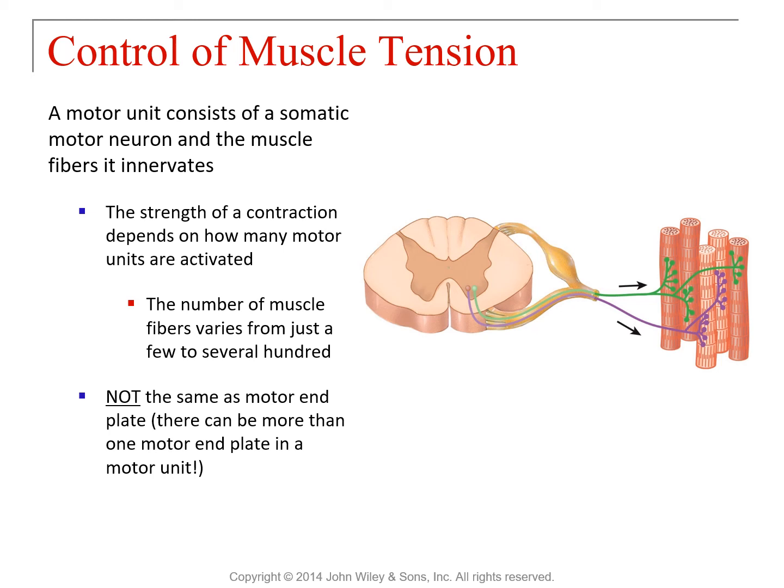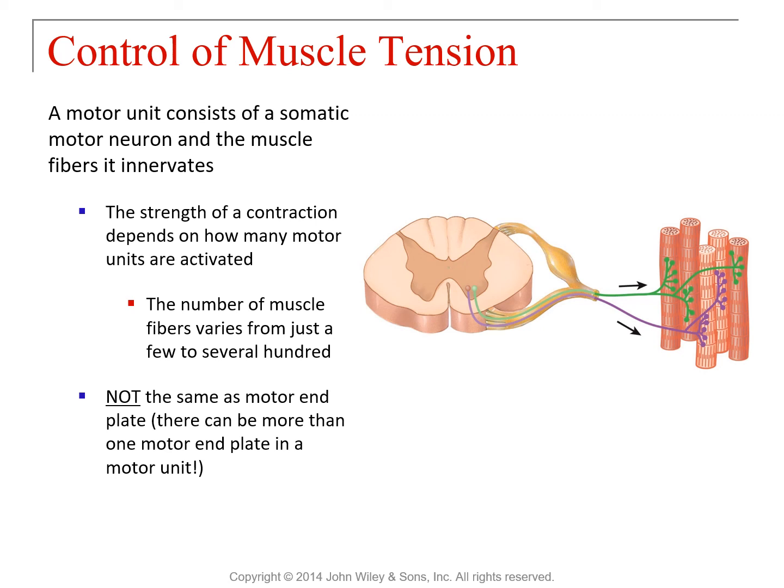Basically, that means you can have a neuron that can branch once or twice or actually several hundred times, and if an action potential starts at the axon hillock, or right close to the beginning of the neuron, then even if there are hundreds of branches, each individual branch will receive the same intensity action potential, which means that each of the muscle fibers associated with this one neuron gets the same intensity signal.